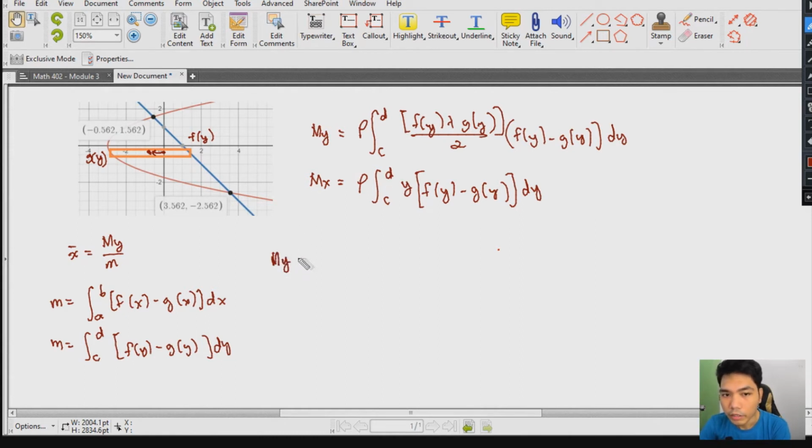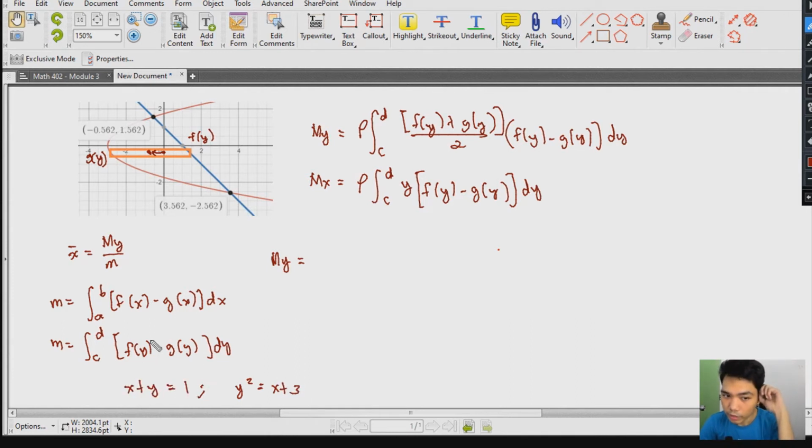So from this, we will be determining our m sub y from this equation. We first need to determine the points of intersection, and in this case we know that we only have two, this one and that one. So you could just equate our equations. We have y squared is equal to x plus 3, and then we have x plus y equal to 1.